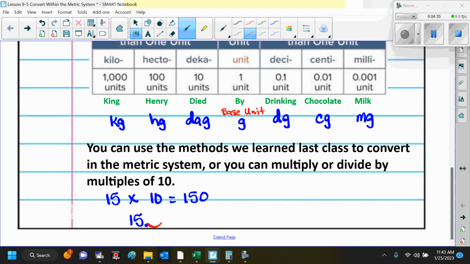I'm just going to move my decimal to the right once, and that's what's going to get me to 150. Is everybody clear with that? So if I were multiplying times 100, how many times would I move my decimal? 2 times. If I multiply times 1,000, I'm going to move my decimal 3 times. And so on. Is everybody clear? Yep.